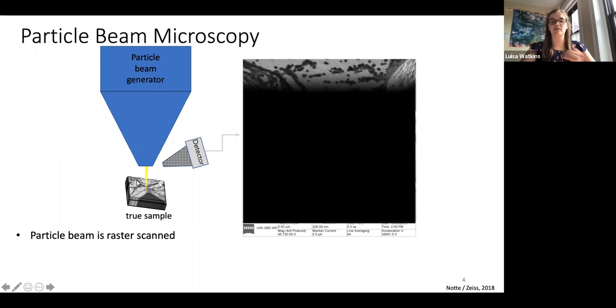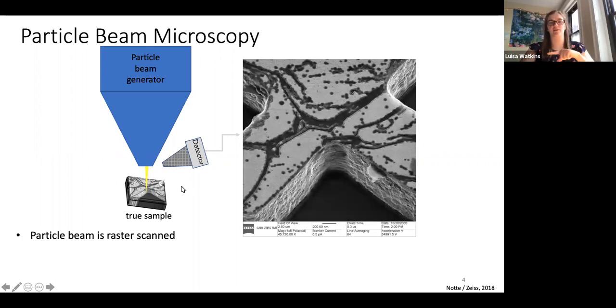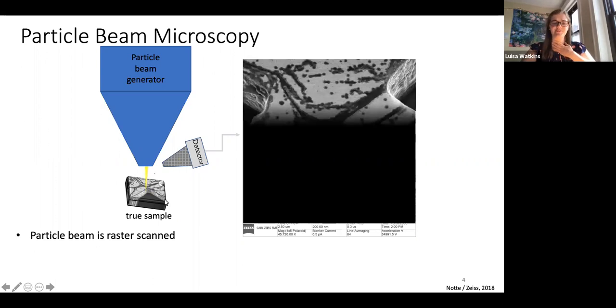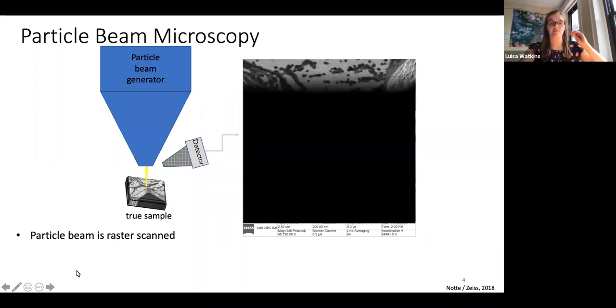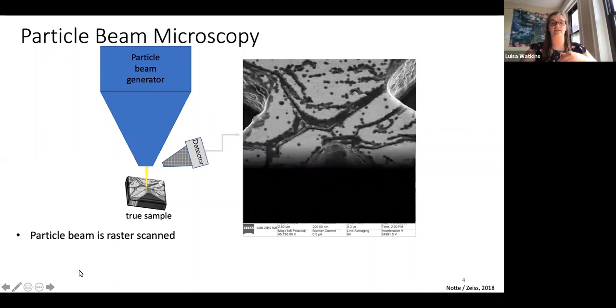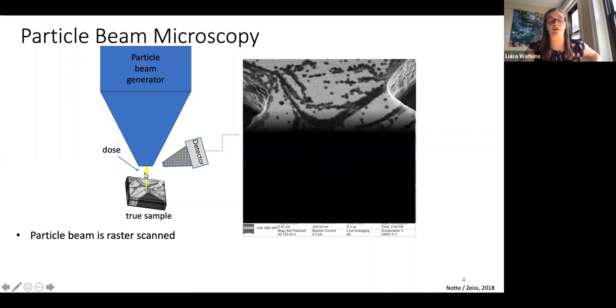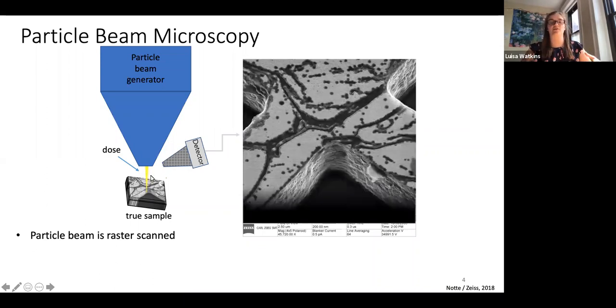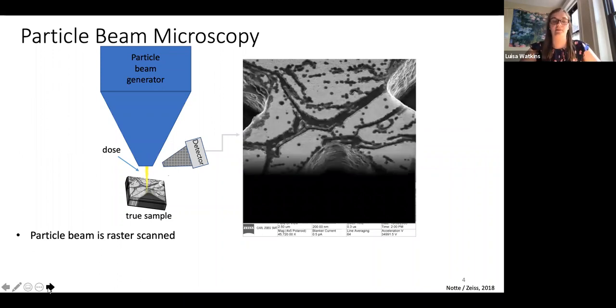So we go across the sample in a raster scanning fashion, meaning we go across with the particle beam. And we have particles that are shooting out and hitting the sample. I'll be calling this the dose. We have this dose value that's given and it's shooting particles at the sample.